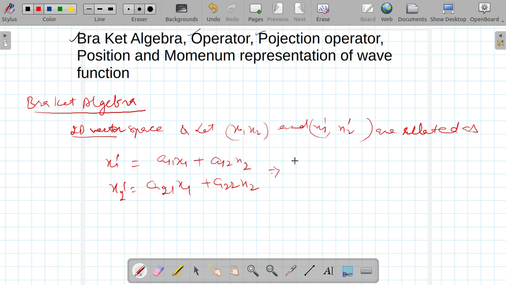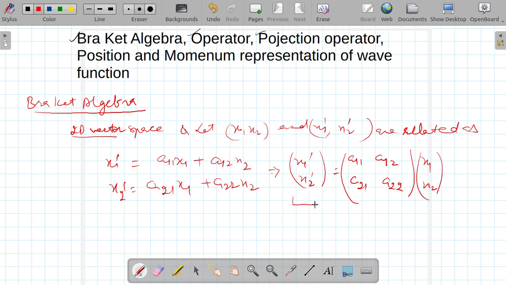And in matrix form, they can be written as the column x1 prime, x2 prime equal to the matrix a11, a12, a21, a22, times the column x1, x2.